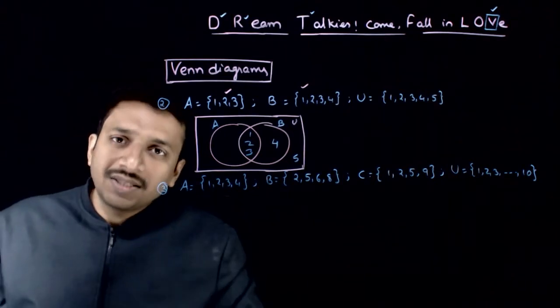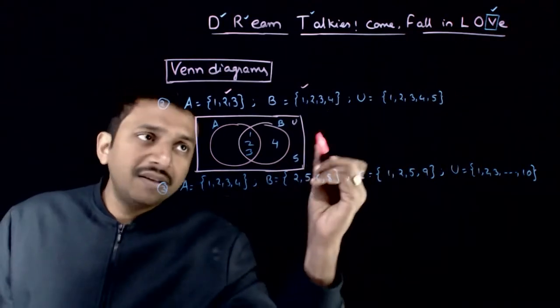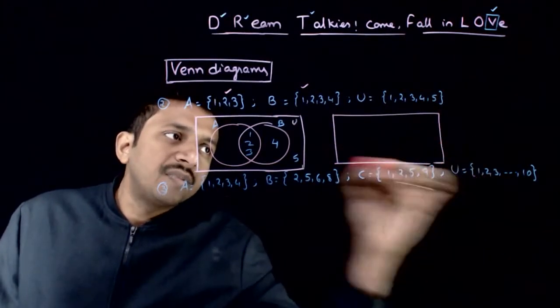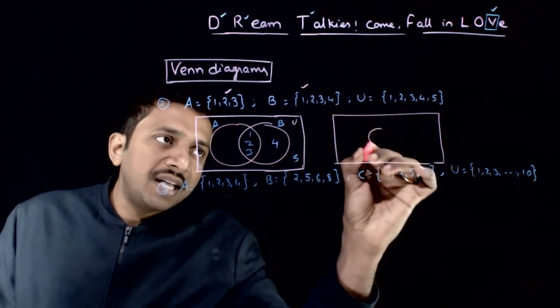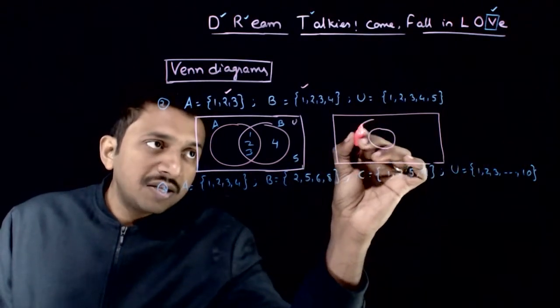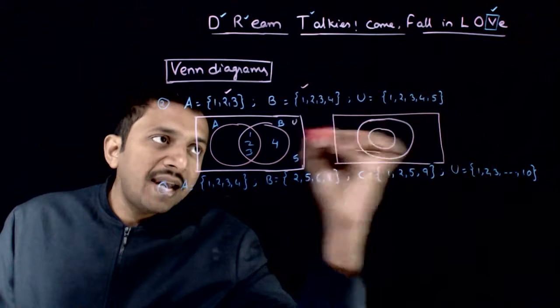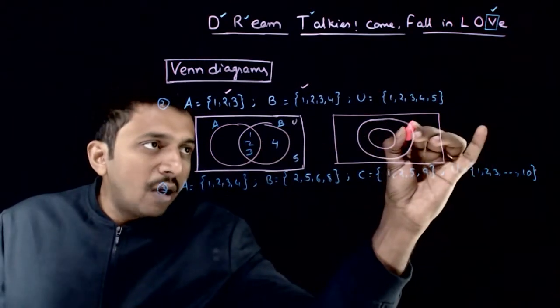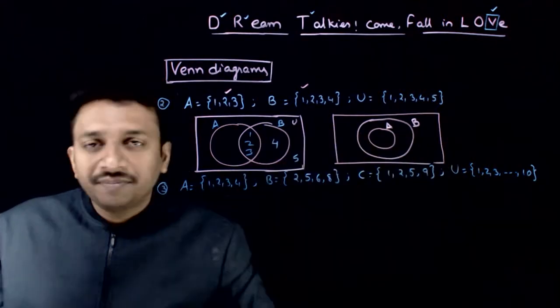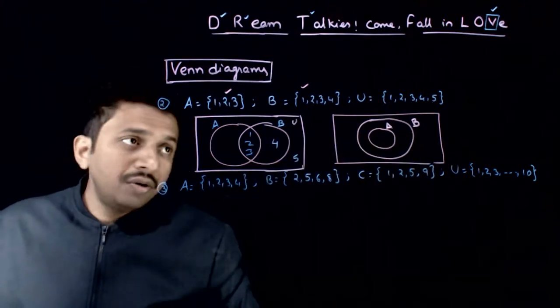Whenever one set is a subset of another, what you do is you draw the universal set and you have the set A, and you draw a set B enclosing A. So this outer circle is set B, the inner circle is set A. Now you fill elements.